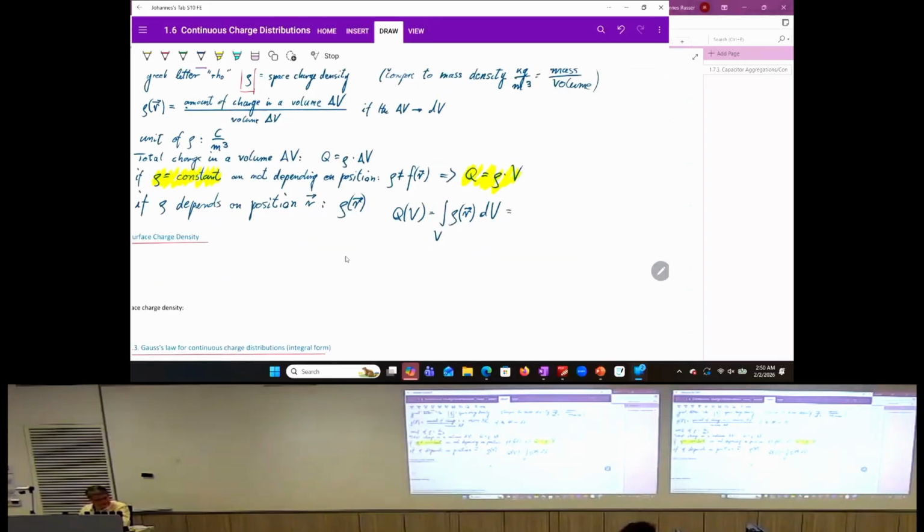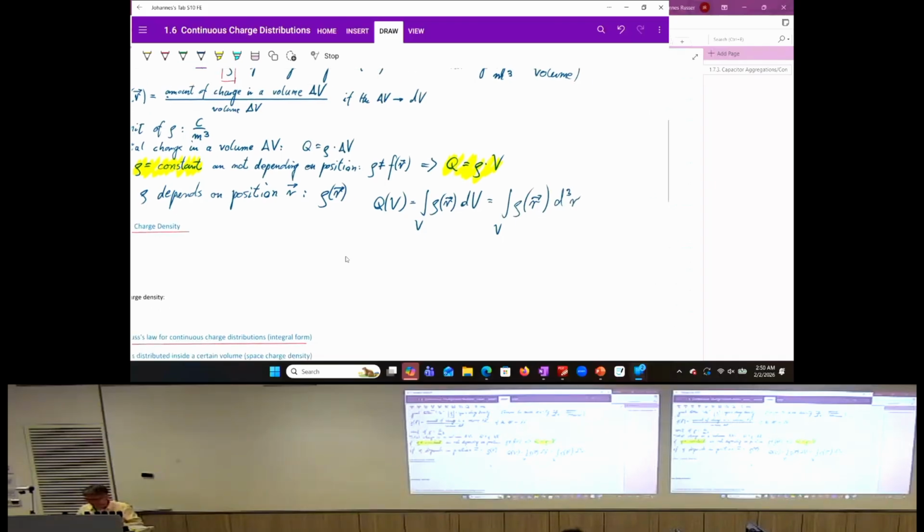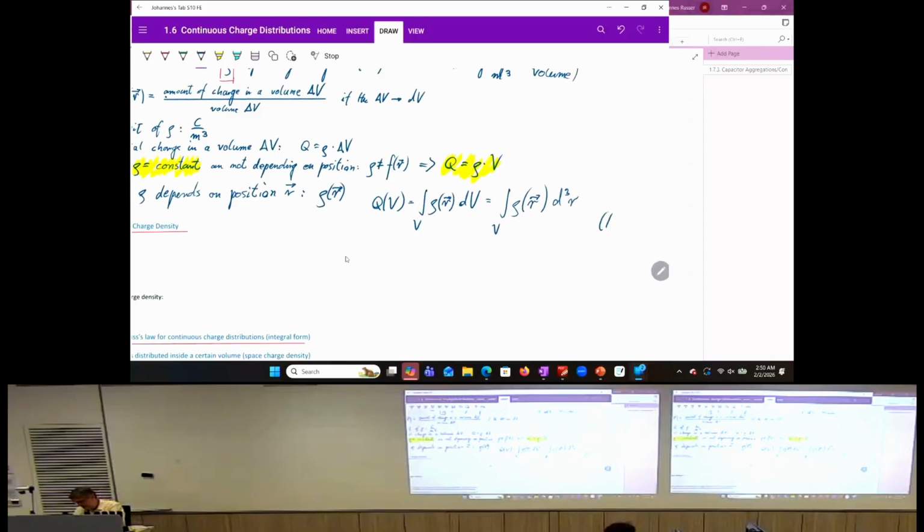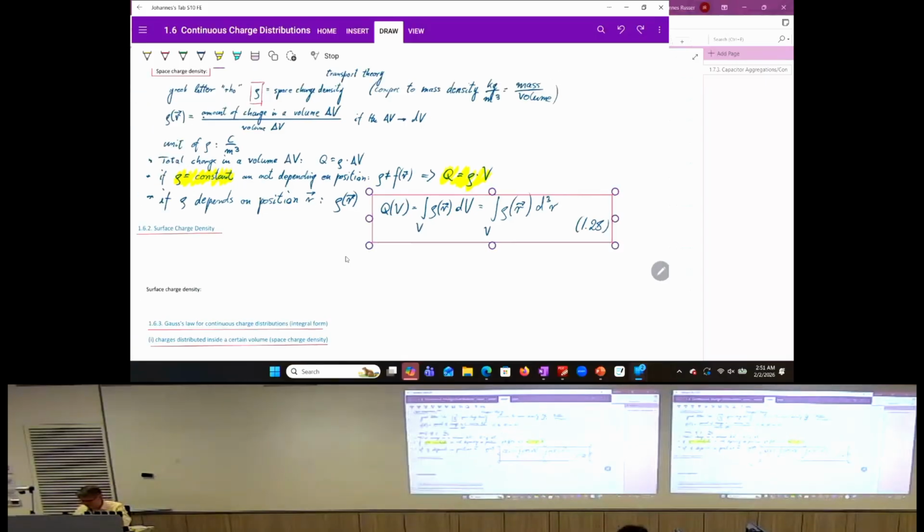This is an integration in 3 dimensions, so you can also write that as rho of r times the differential element d r cubed. This is our equation 1.28. So you see you have the situation that our rho depends on r, and hence the total charge in the volume is obtained by a volume integral over the charge density.